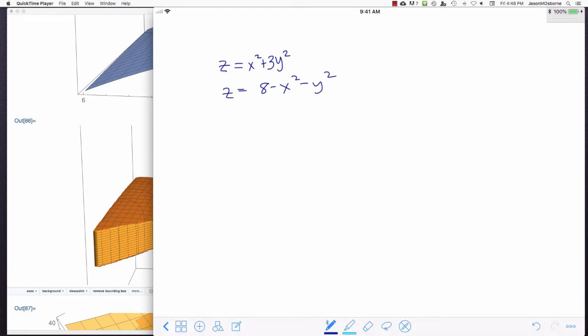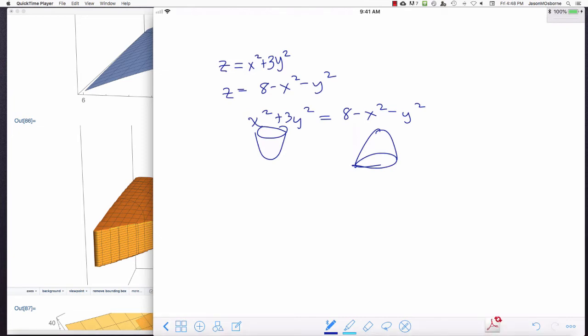So it is possible here that x squared plus 3y squared does in fact equal 8 minus x squared minus y squared. This is the paraboloid that opens down, this is the paraboloid that opens up. They do intersect each other, okay?